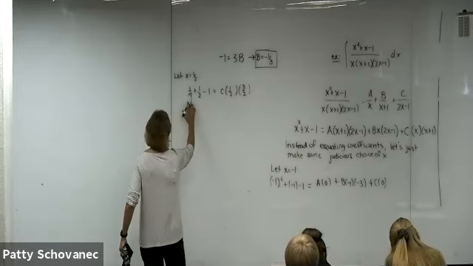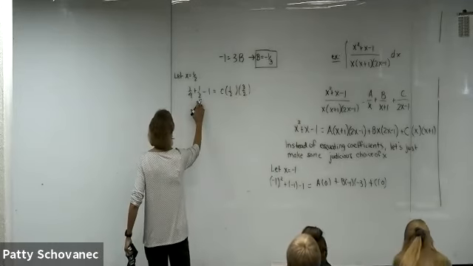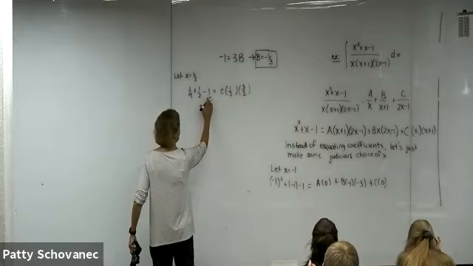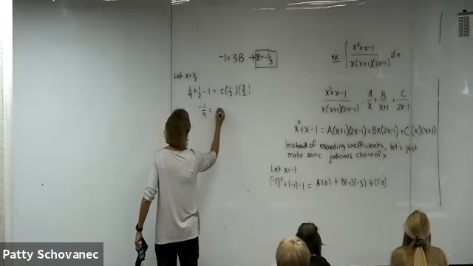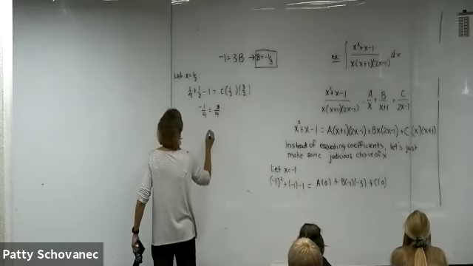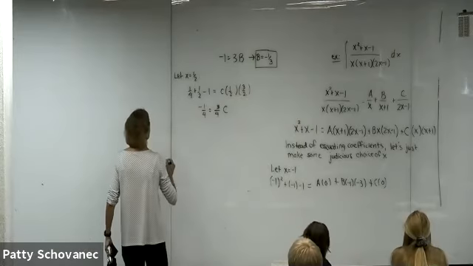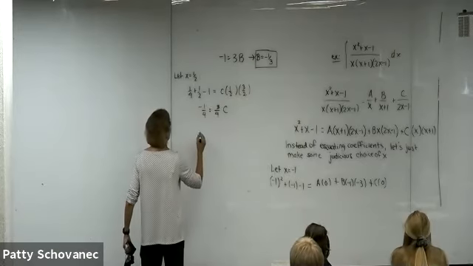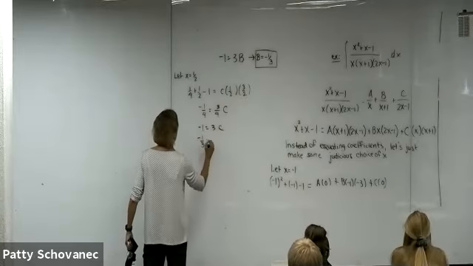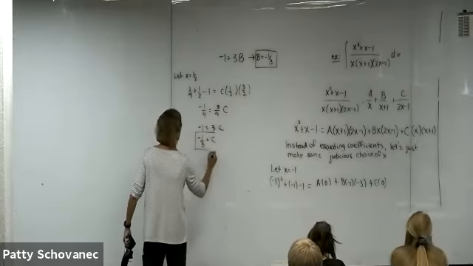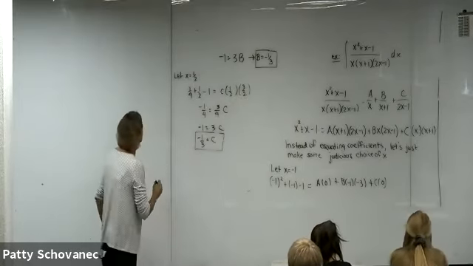So let's see, 1/4 plus 2/4 is 3/4, minus 4/4 is minus 1/4. Over here I have 3/4 times C. So multiply by 4, get -1 is equal to 3C. So -1/3 is C.